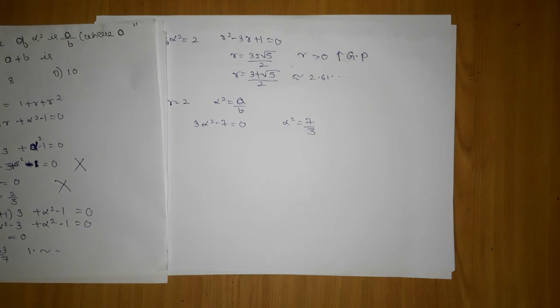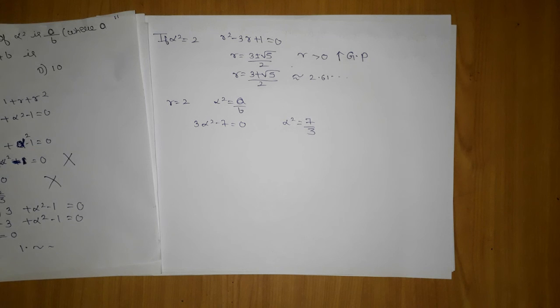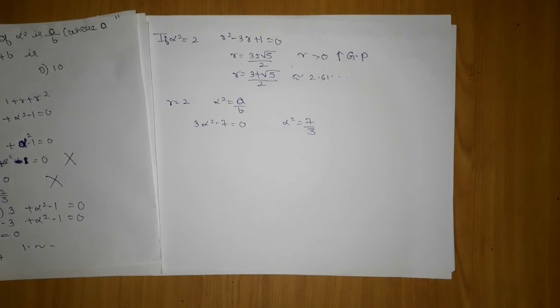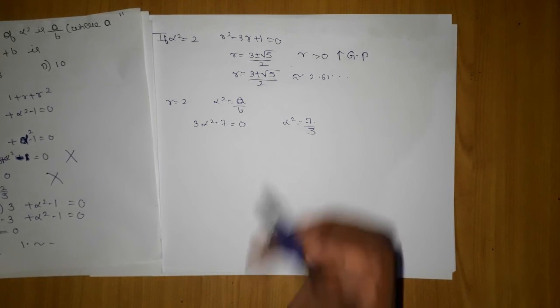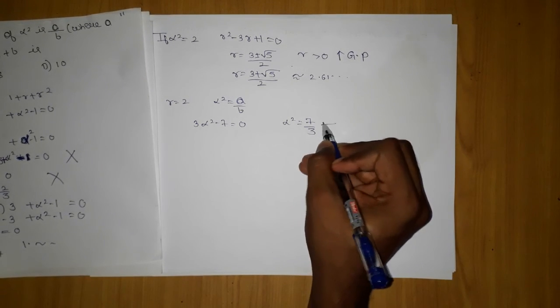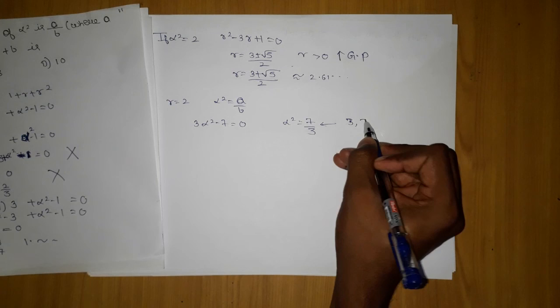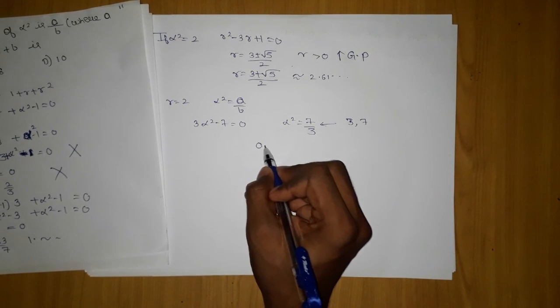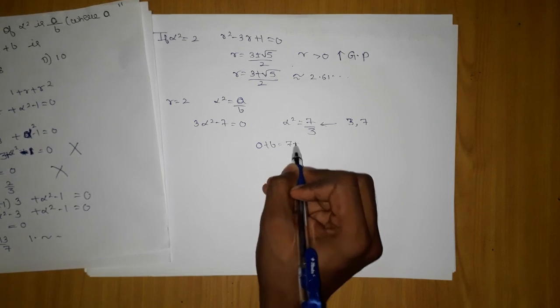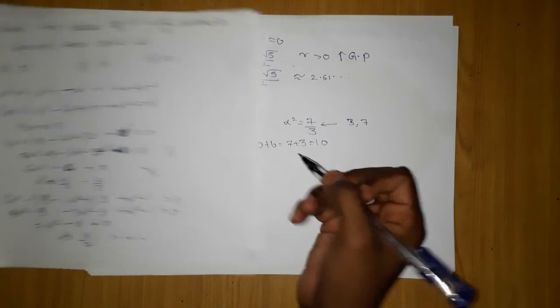So substituting, we are getting alpha square is 7 by 3, and it should be co-prime, yeah, it is co-prime, 3 and 7 are co-prime numbers. So a plus b is what, 7 plus 3, which will be 10. So this is the correct answer.